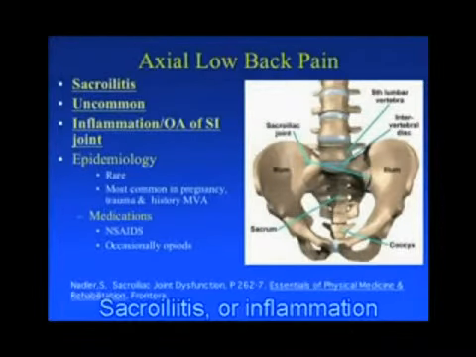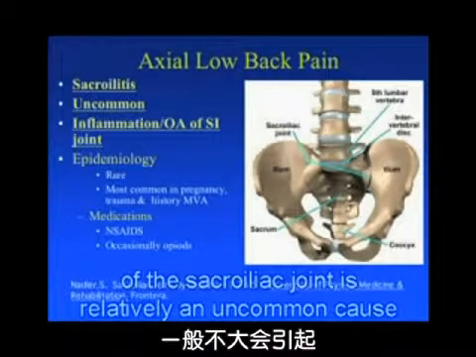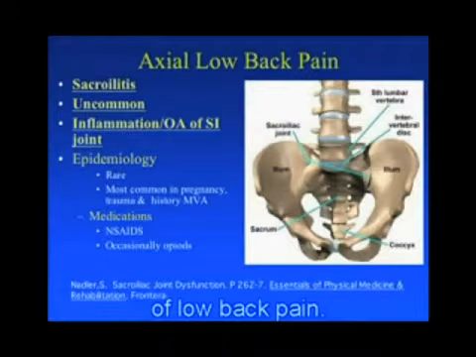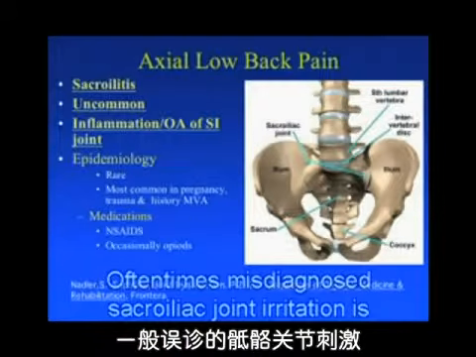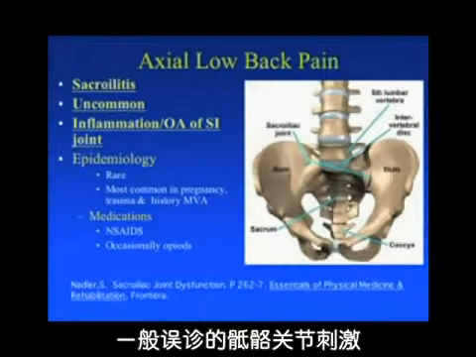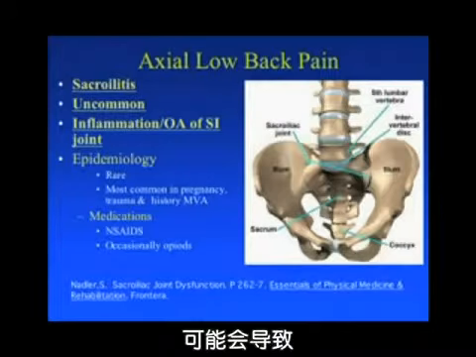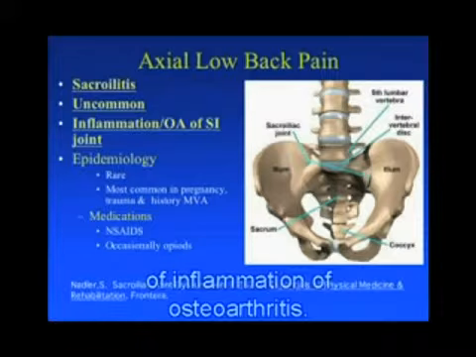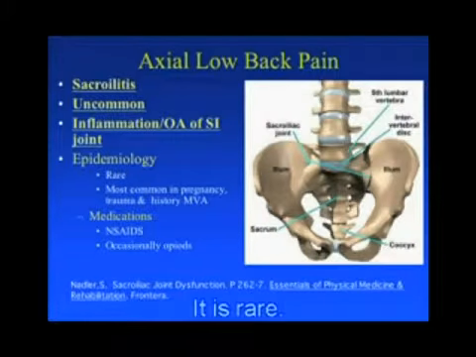Sacroiliitis, or inflammation of the sacroiliac joint, is relatively an uncommon cause of low back pain, oftentimes misdiagnosed. Sacroiliac joint irritation is usually secondary to some type of inflammation or osteoarthritis. It's rare.